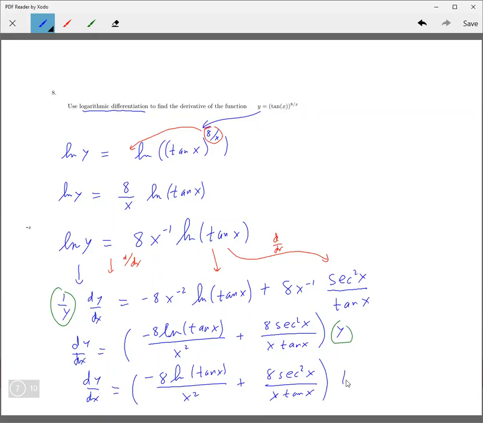To replace with that. So tangent to the 8 over x. Okay, that should work. That's for your answer in WebAssign.